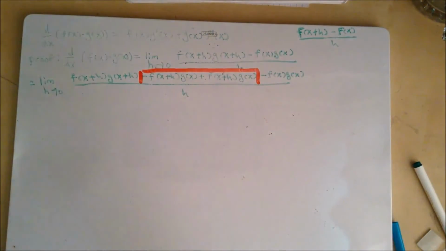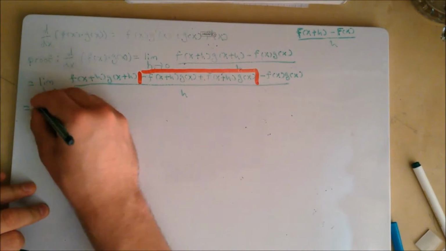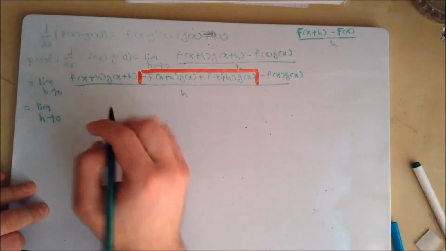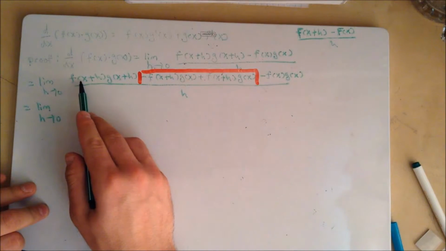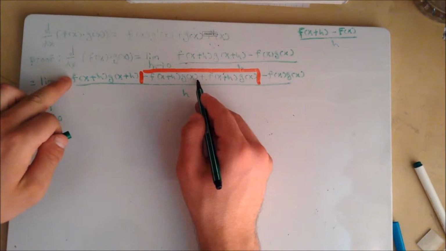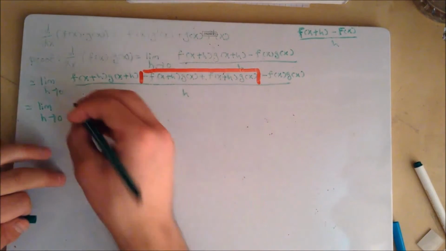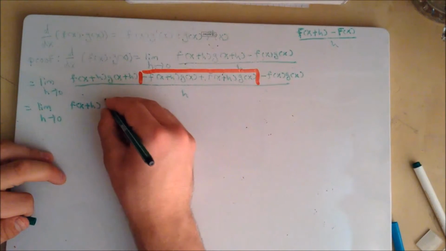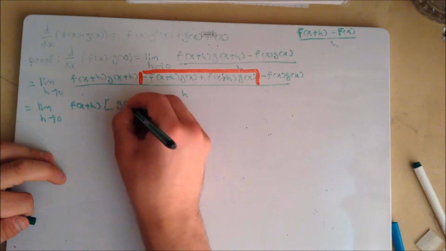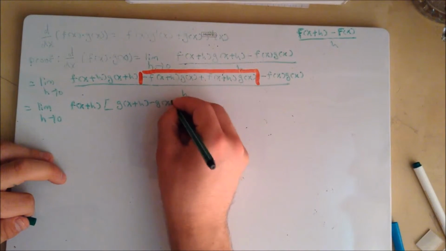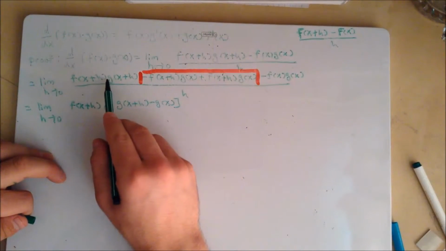So what we're going to do next, we're going to say that the limit of h approaching 0, and now we're going to factor out an f of x plus h from this term right here. So f of x plus h, and we get g of x plus h minus g of x. So we factor out from here and from here.